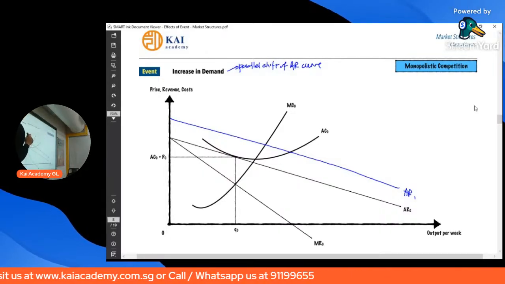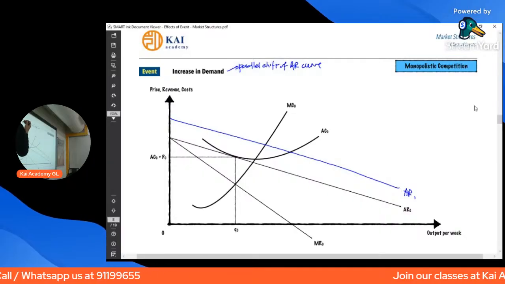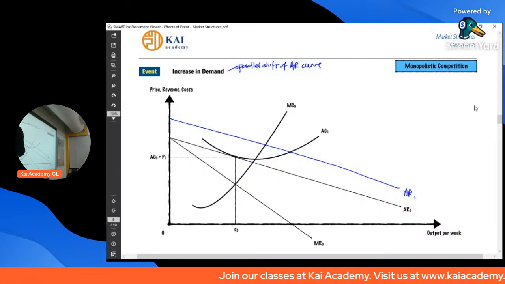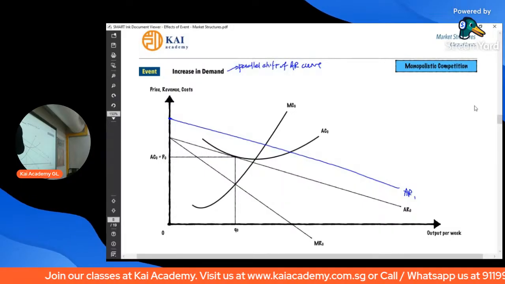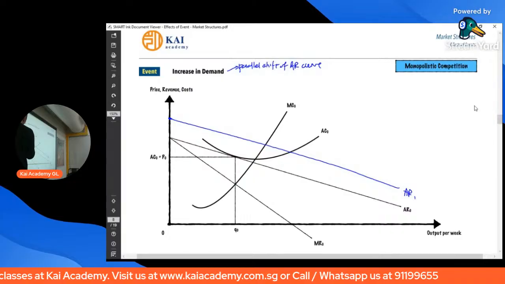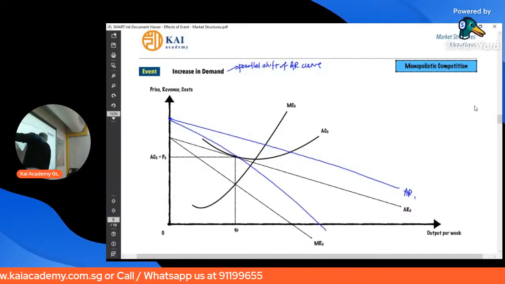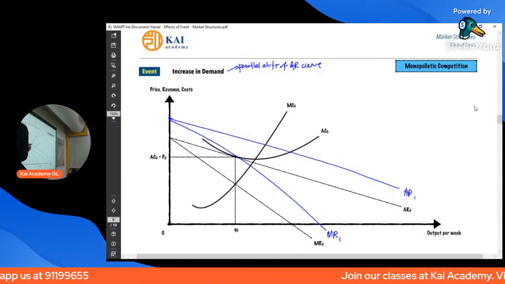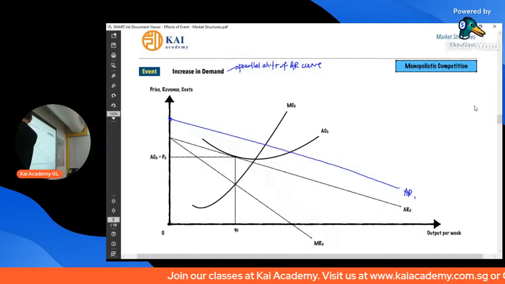Sorry, my line is not very straight, but you have use a ruler, please, at home. Right, then your MR curve should be following what rule? MR curve should have the same vertical intercept of the AR curve, but has a gradient twice as steep. So that should give us a parallel shift of the MR curve as well. Sorry, very ugly. My line looks like a curve.